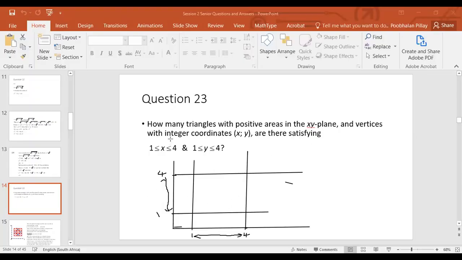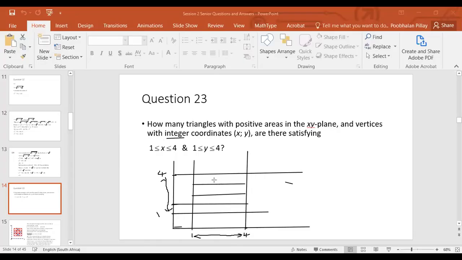But the question is about integer coordinates. Right? It is told that the coordinates are integers. So we don't have to look at all these points. We look at only those which are integers. So let's look at all the integer coordinates. You draw the line across at 2 and 3.